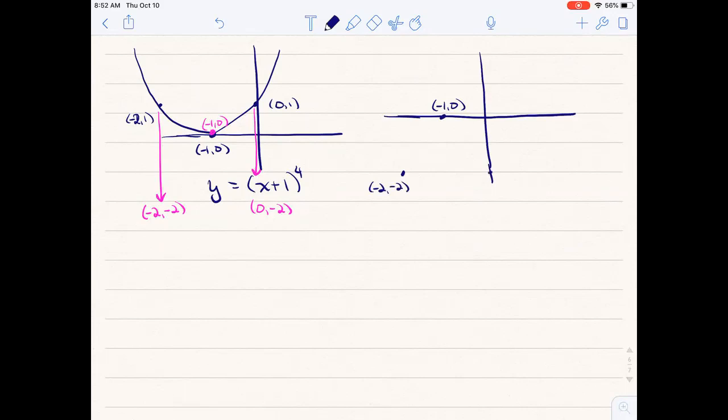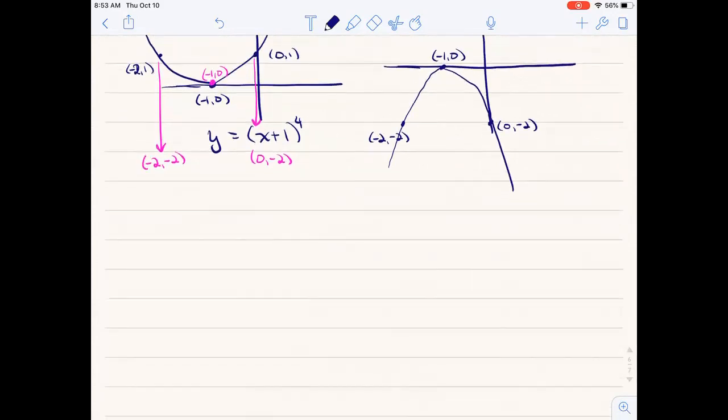And 0, -2 is here. So now we've got this going on. So now we've got y equals -2 times (x plus 1) to the power of 4.